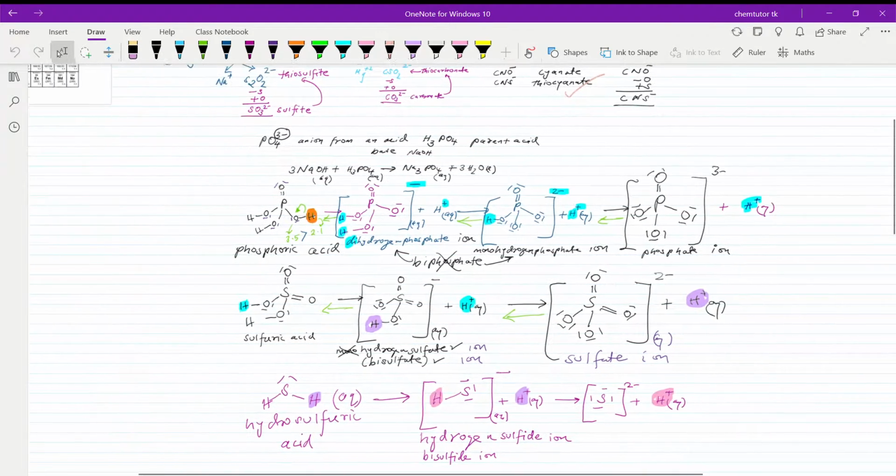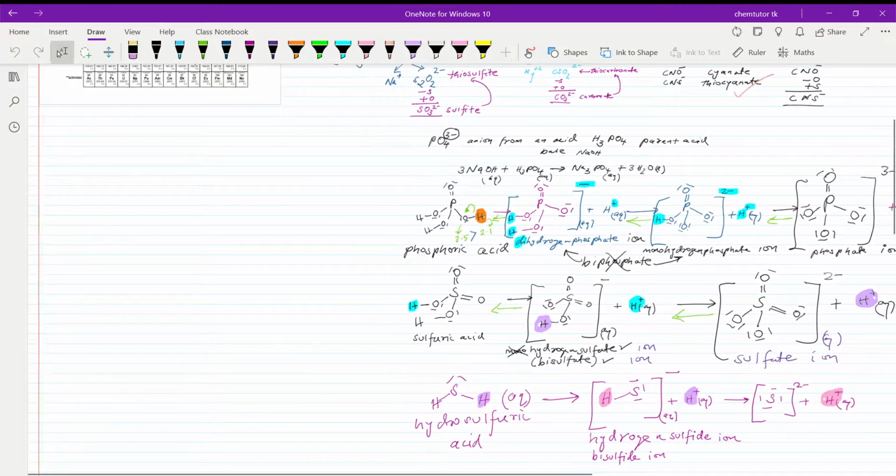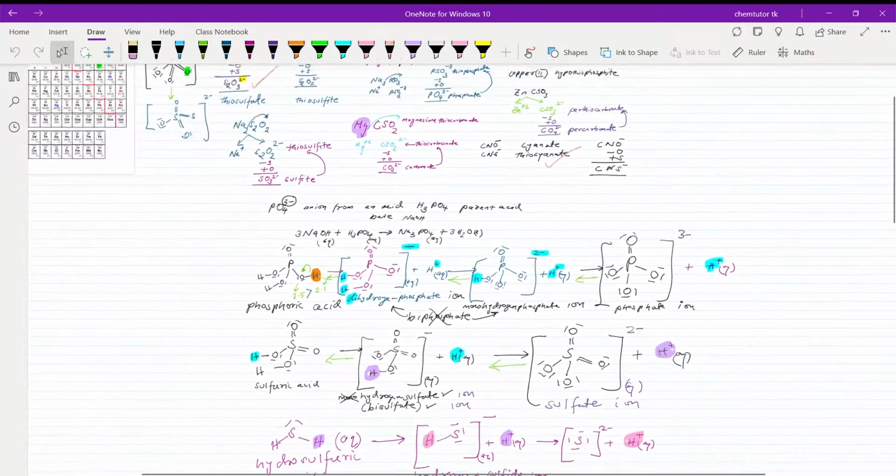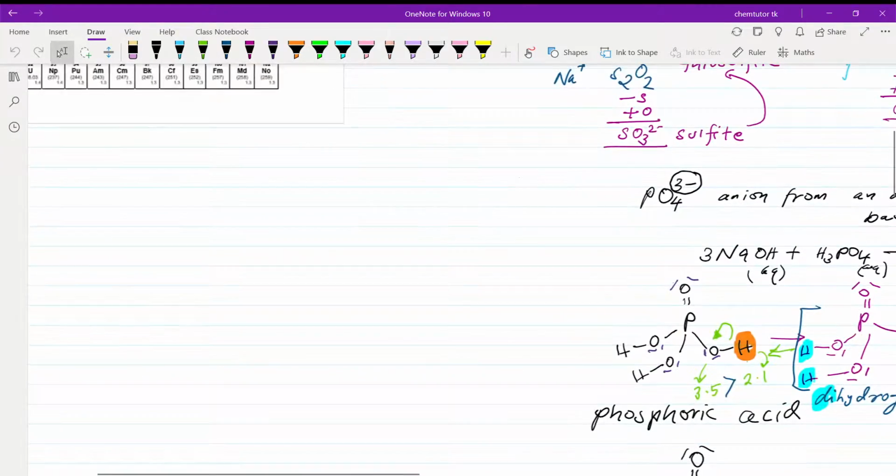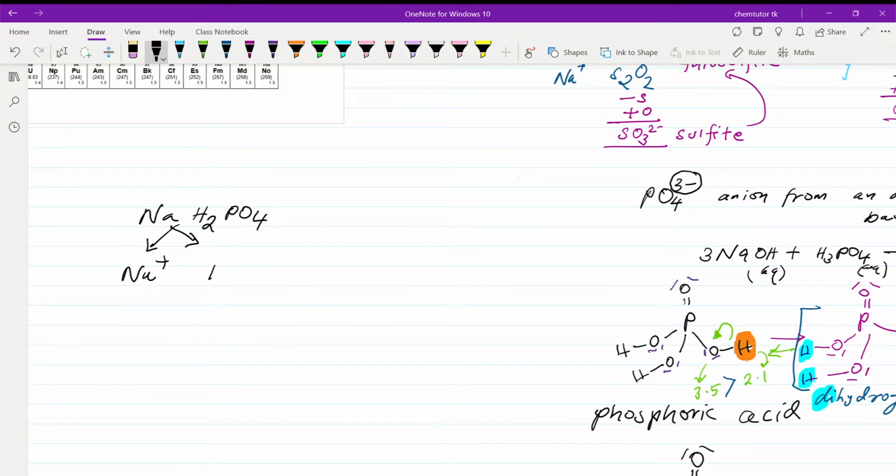Now we practice one or two examples to understand. NaH2PO4. So you separate cation and anion. So cation is Na plus, anion is H2PO4 1 minus, because sodium is group 1, so it has a charge of 1 plus, right?